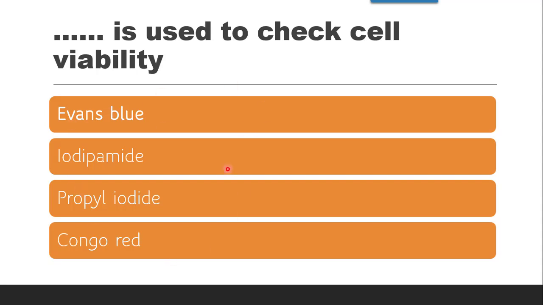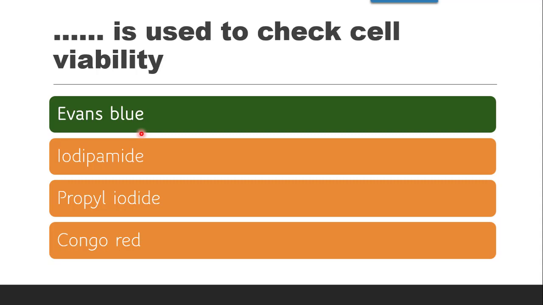So with any membrane damage, the dye will enter and stain that particular part of the cell, and this property is in turn used in checking the cell viability. So the correct answer is Evans blue.